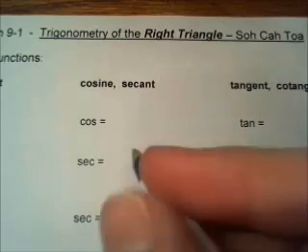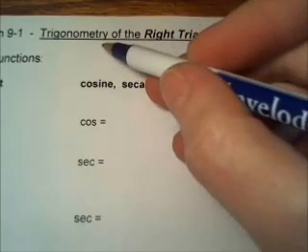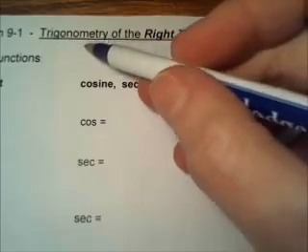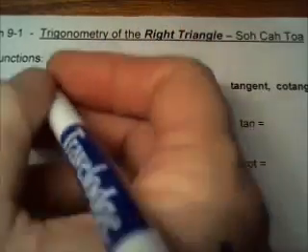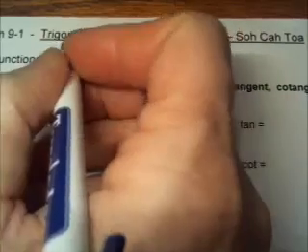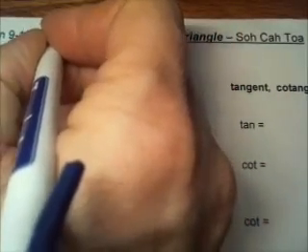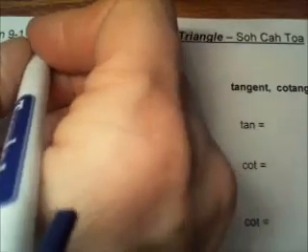Today we're going to start trigonometry, and we'll spend the next couple of months studying this branch of math called trigonometry. You can split up this word. The first three letters, T-R-I, mean triangle.